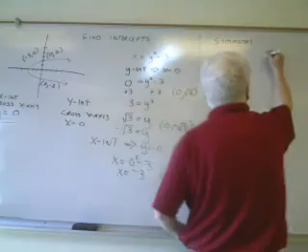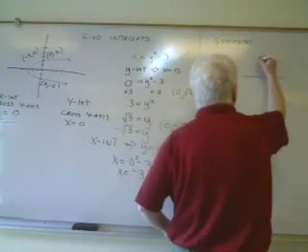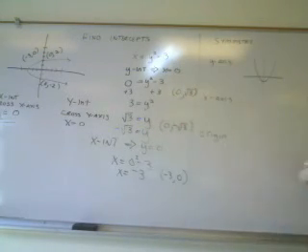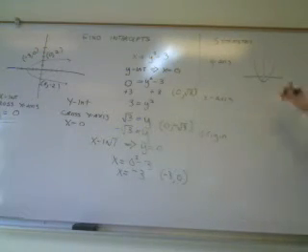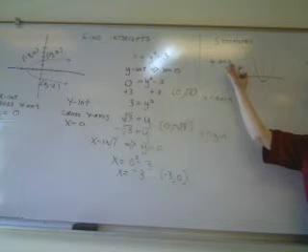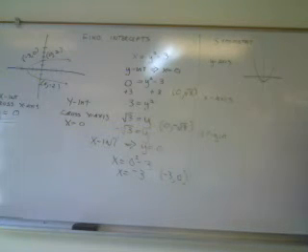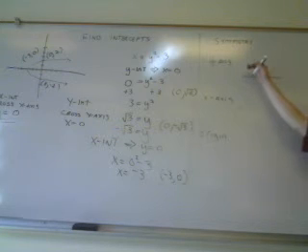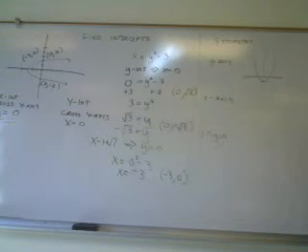So for example, this parabola here, if I've drawn it correctly, if you fold it along the y-axis, these points here will end up on top of these and vice versa. That's symmetry with respect to the y-axis.